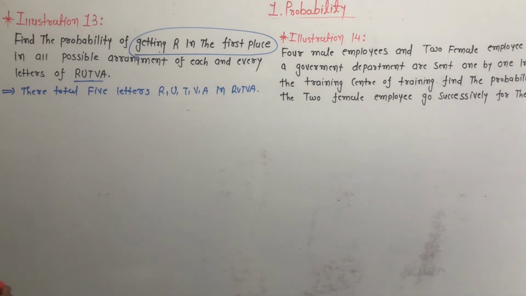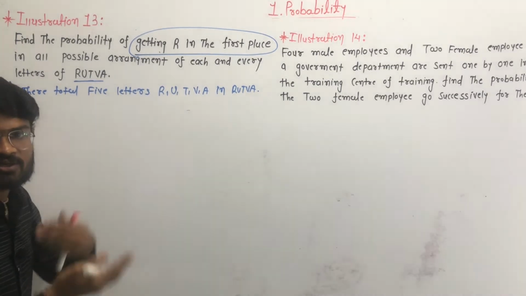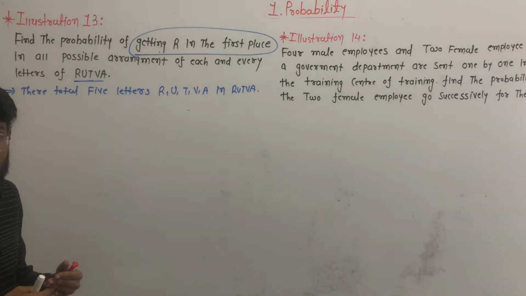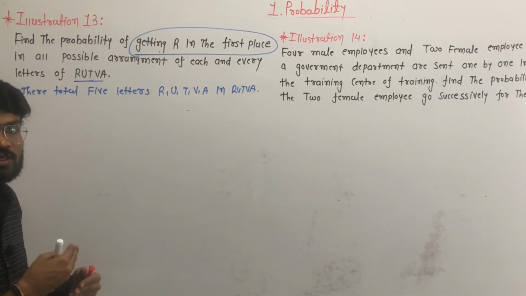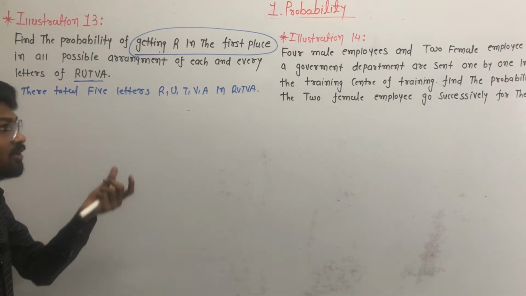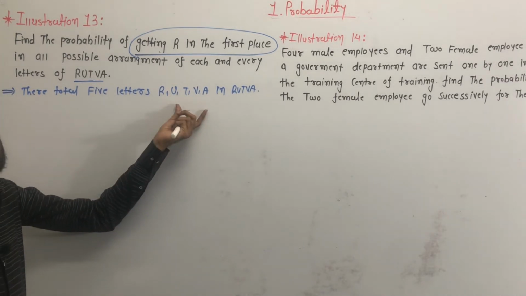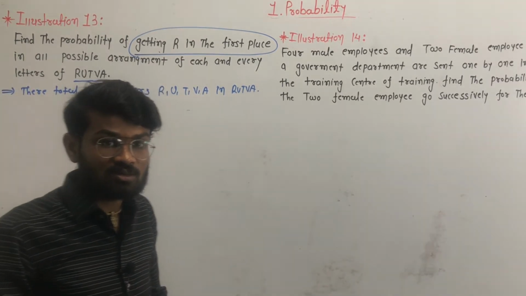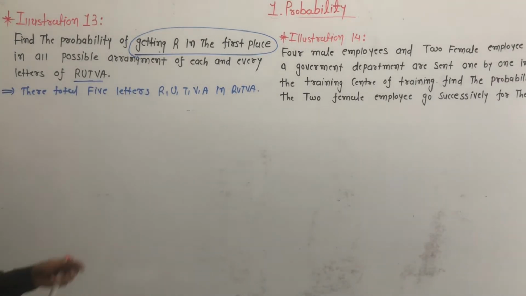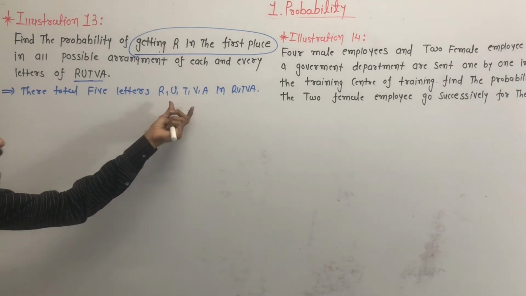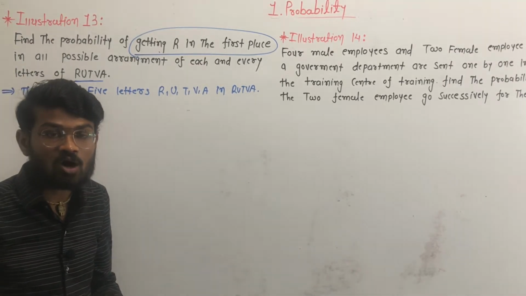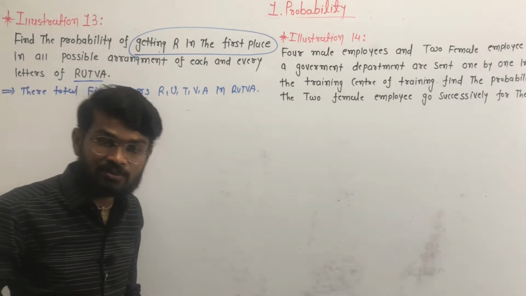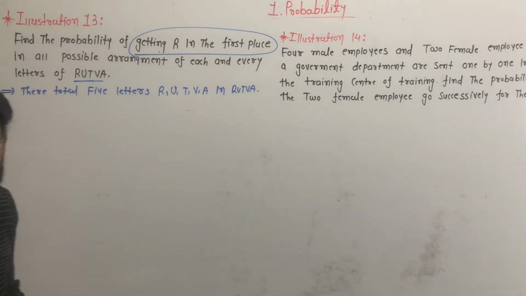We can arrange these 5 letters in different ways, and each gives a different spelling. So how many spellings will be obtained by arranging these 5 letters? This is our total possible outcome. Our possible outcome is the arrangement of these 5 letters in different ways.